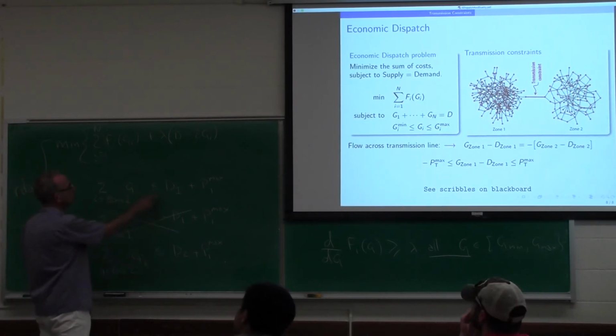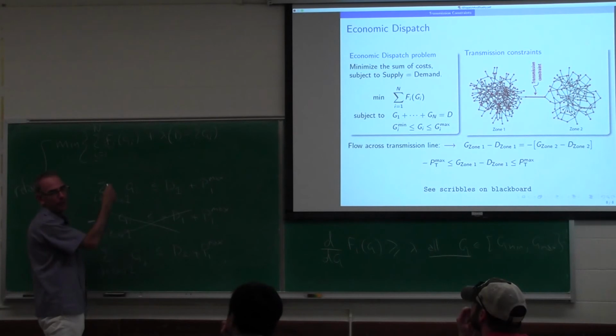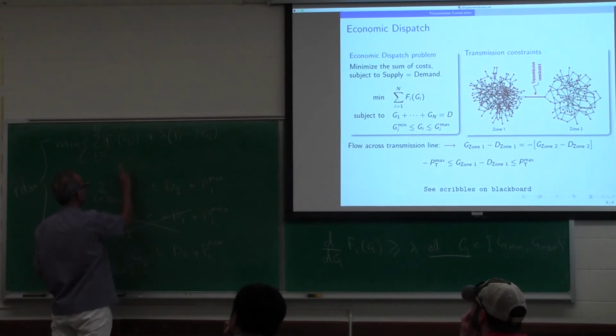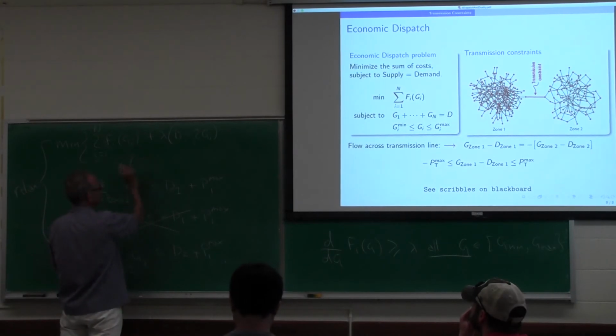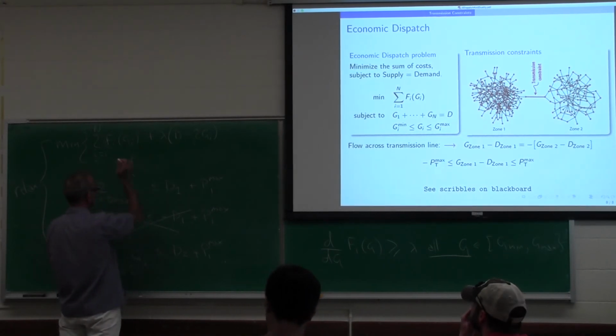We have a Lagrange multiplier for this. Let's give it another name. I've forgotten what I call it in the slides, but let's call it gamma plus. That's a gamma. And we stick that in, right? And that's positive.